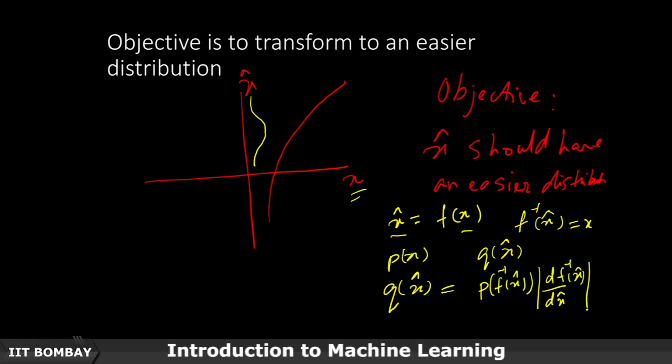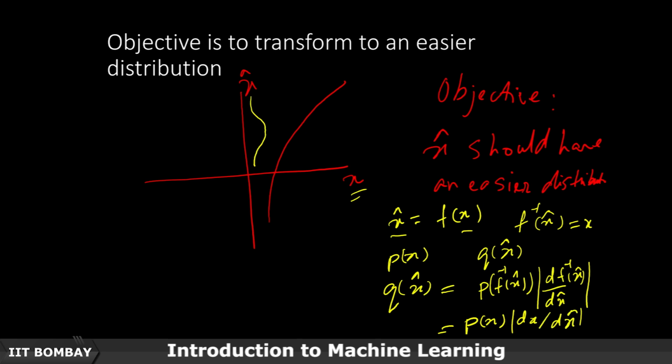Finally, let's simplify this. This is going to be p of x times the mod of dx by dx hat. So where does this mod come from?